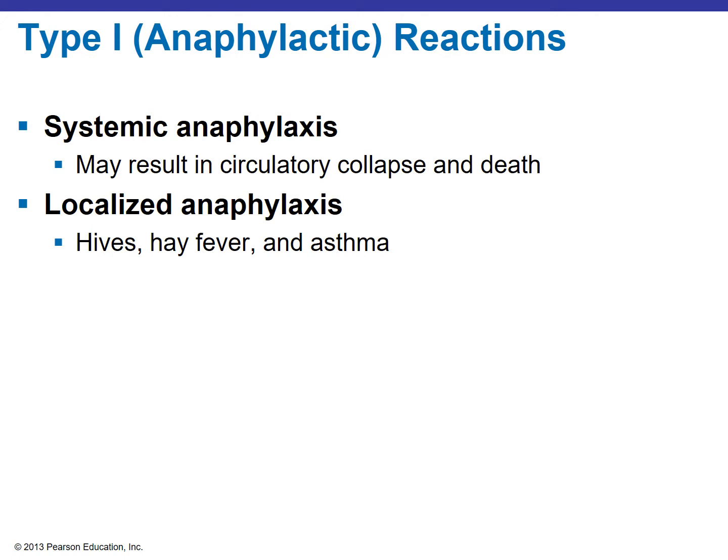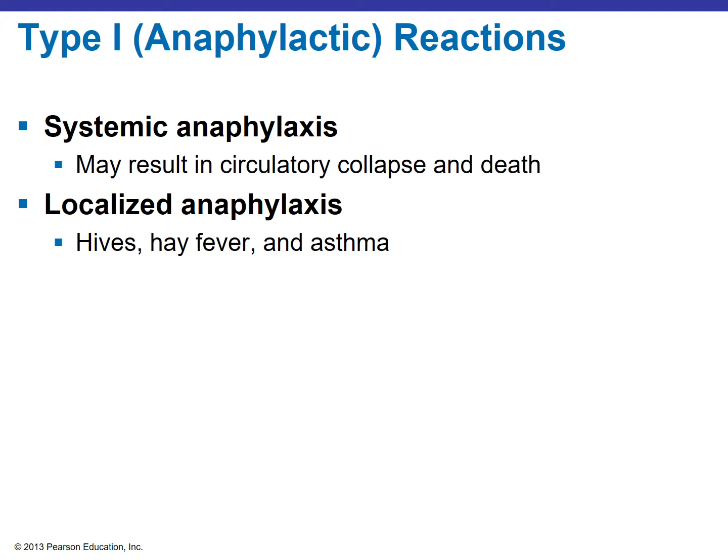So systemic anaphylaxis is a much more serious type of condition, and it usually occurs in response to injected antigens. So for instance, a bee sting or an insect sting causes between 50 to 60 deaths a year.